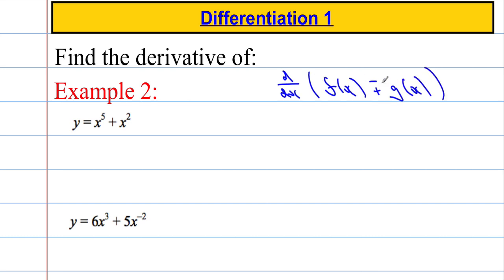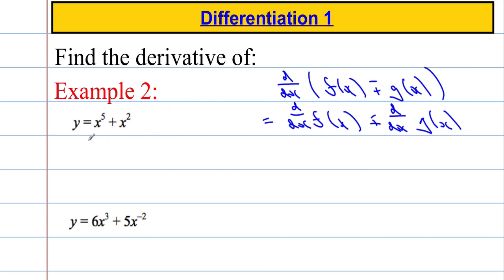So if I'm taking derivative of the sum or difference of a couple of functions, that's simply equal to the derivative d by dx of f of x, the derivative of f of x plus or minus the derivative of g of x. In other words, take the derivative of each function individually and just add them together.